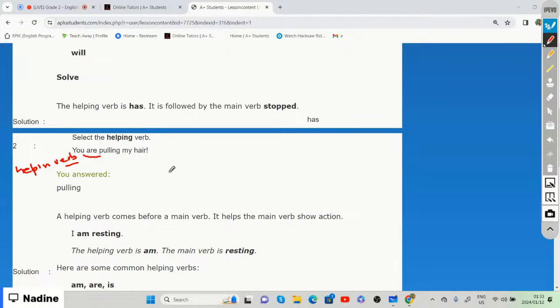And the main verb within the sentence is pulling. So the helping verb basically helps the main verb to show action.